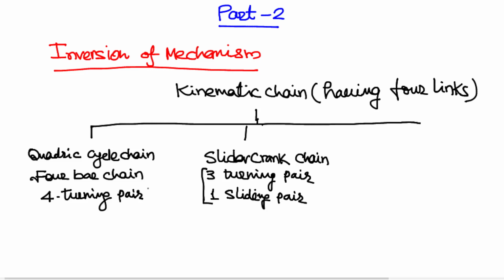The third type of kinematic chain having four links is double slider crank chain.